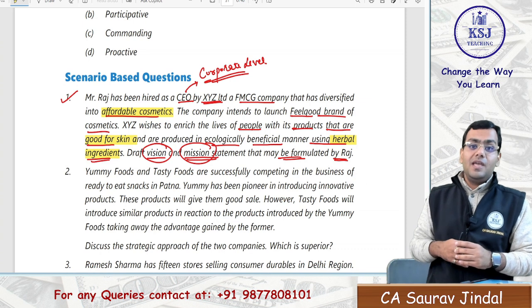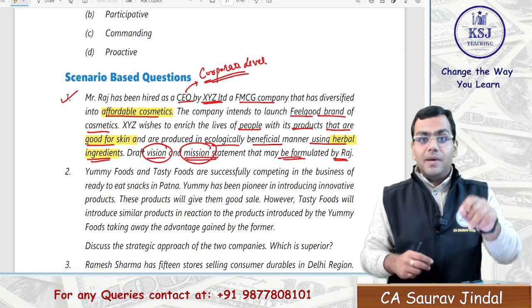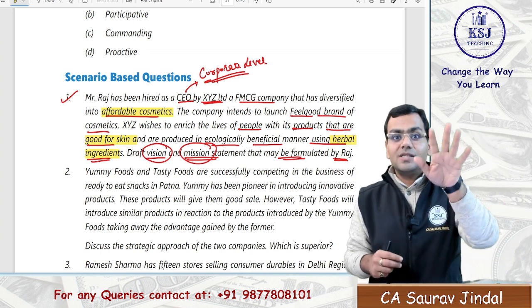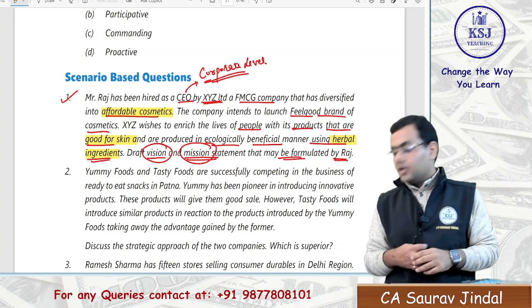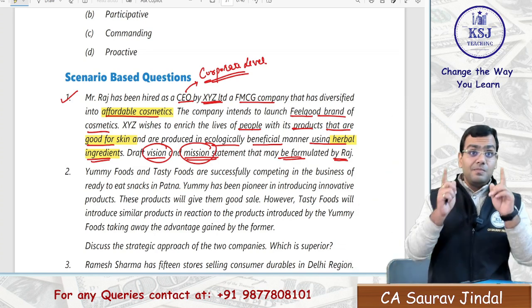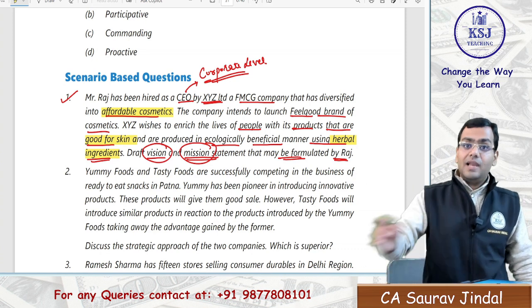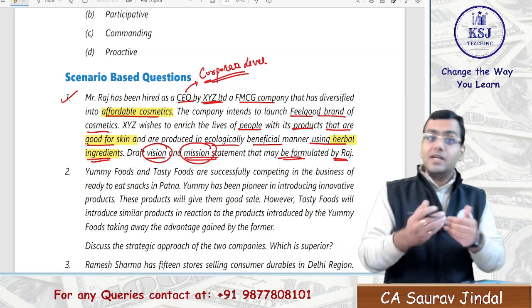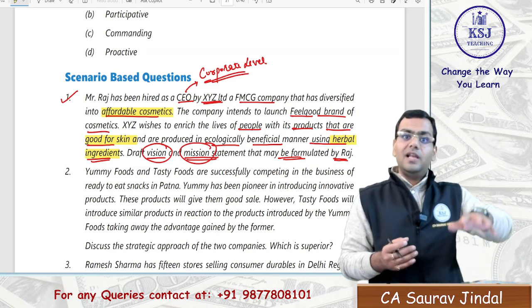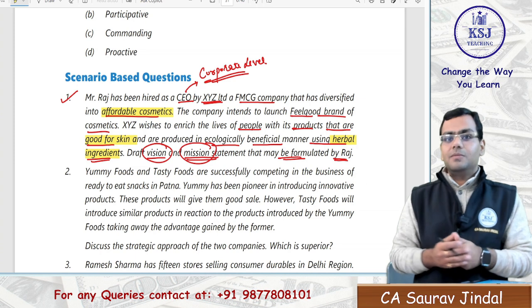The third can be, we want to provide the best of herbal cosmetics to the people. These are the mission statements which can be formulated by Mr. Raj. So highlight the keywords. From those keywords itself, the case study will tell you what the vision and the mission can be.